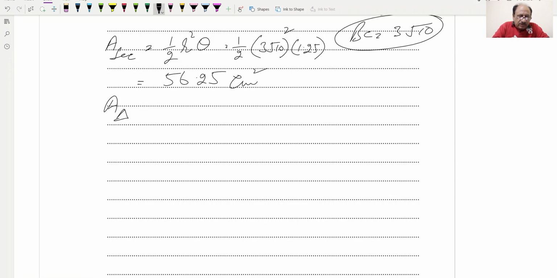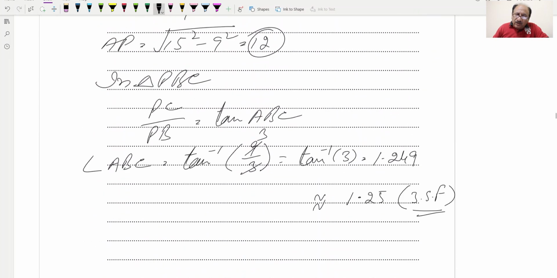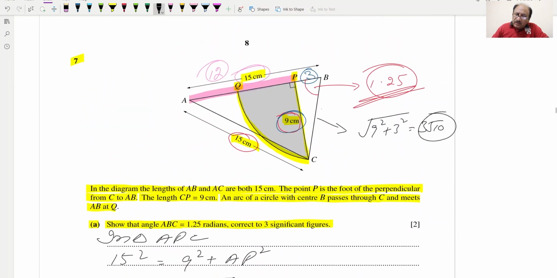Now the area of the triangle, as discussed, will be equal to half AB sine C, that is, half times two sides times the sine of the angle. One side is 3, the other side is 3 root 10, and the angle is 1.25.